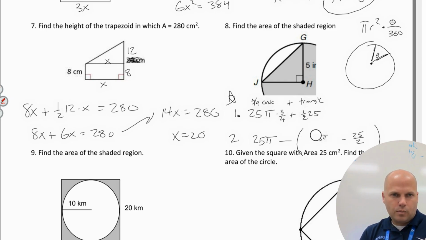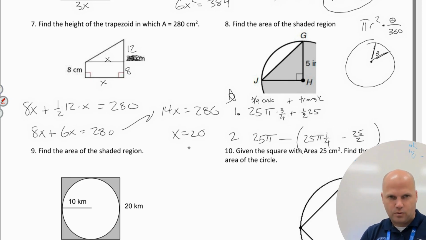So we end up with what looks different, but it's the same answer. If you take 25 pi and subtract 25/4 pi, you get 25 3/4 pi. And then subtracting a negative 25 halves will be like adding a positive 25 halves, so it works out.